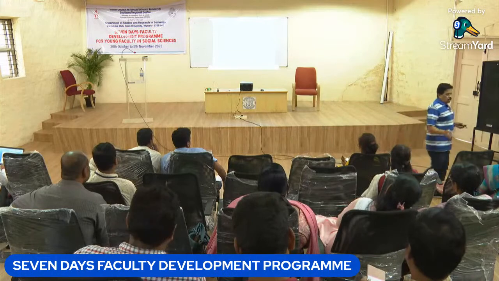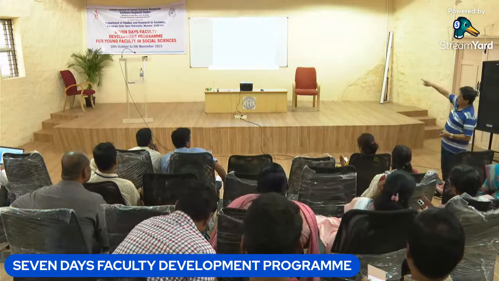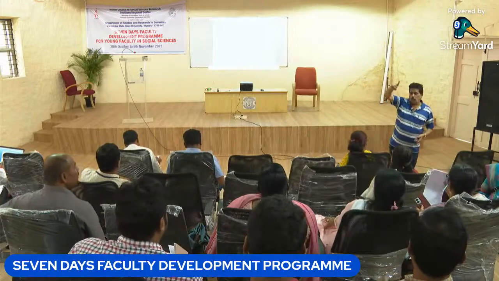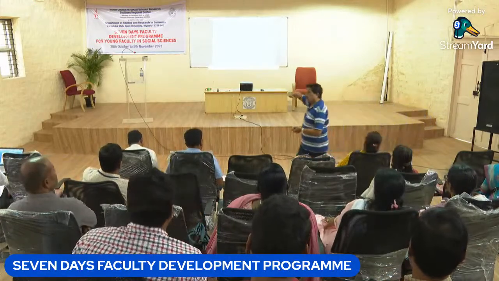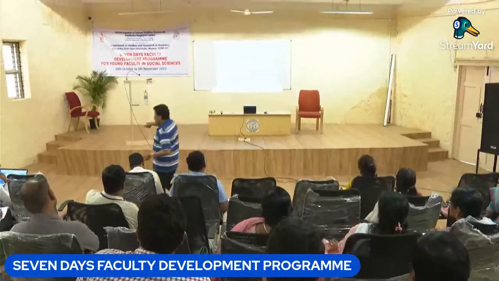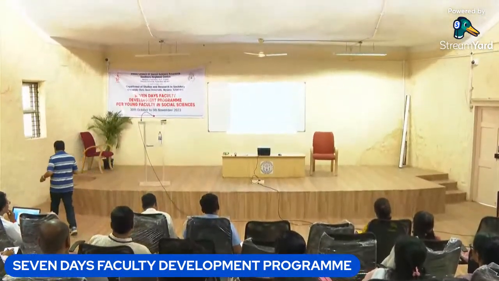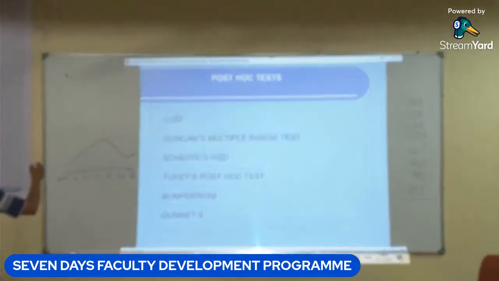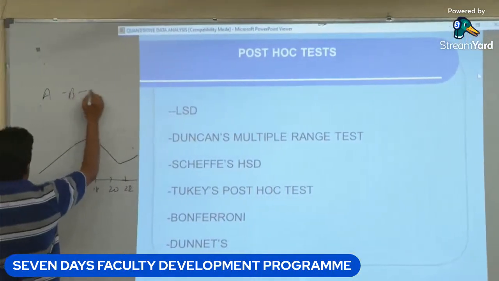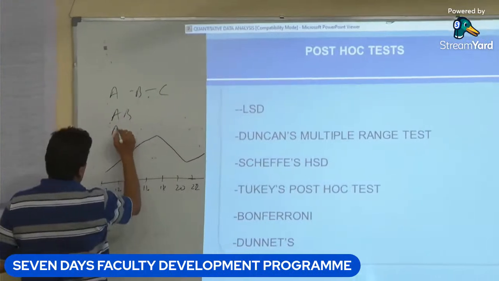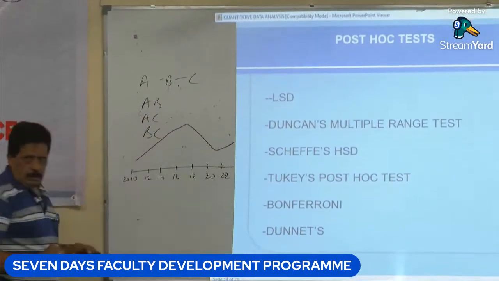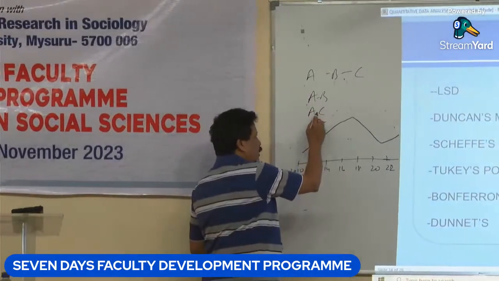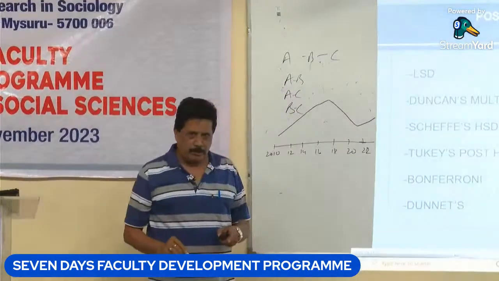Then comes the post hoc test. Remember, I said there is A to B, A to C and B to C. Your ANOVA says only that there is a difference, but which of these pairs are different will not be shown. For example, you have A, B, C. You have comparisons AB, AC and BC. ANOVA will not tell whether A to B is significant or A to C or B to C is significant in mean differences.